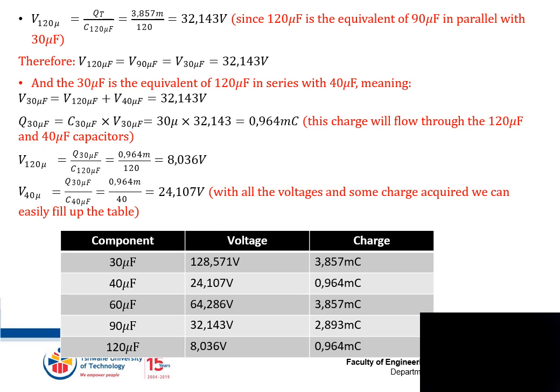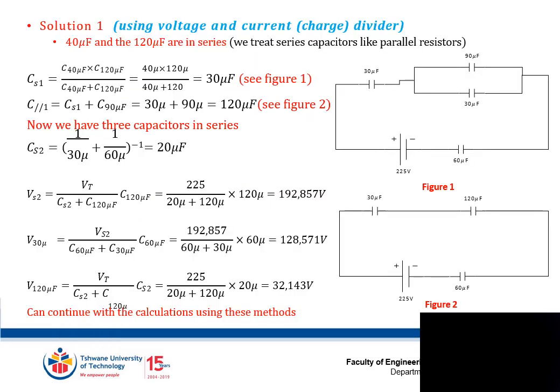With all the voltages and some charge acquired, we can easily fill up the table with the values of voltage and charge. We can also use the voltage and current divider rule to calculate all the voltages. Then from there, if you have voltages and capacitance, you can calculate the charge.